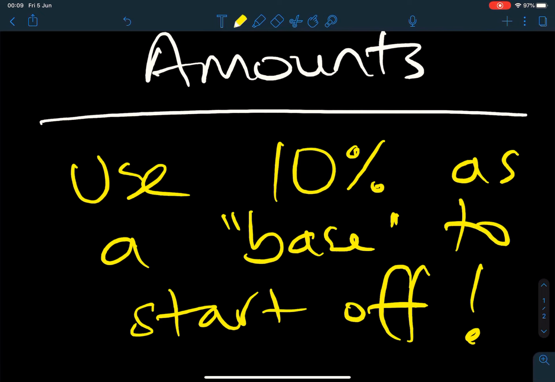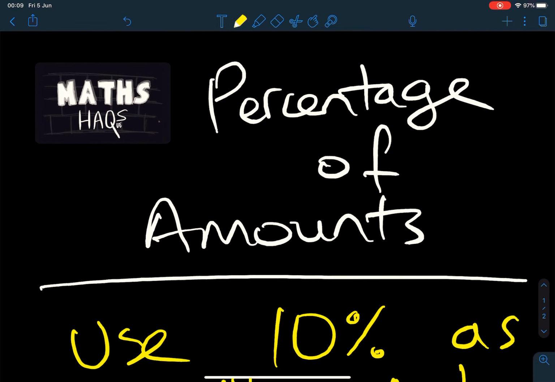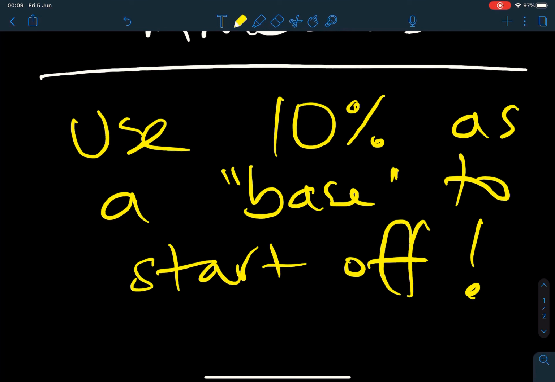What that means is you always start off by working out 10% and use that as a base to work out 1%, 5%, doesn't matter, because from 10% you can easily jump to any other number.